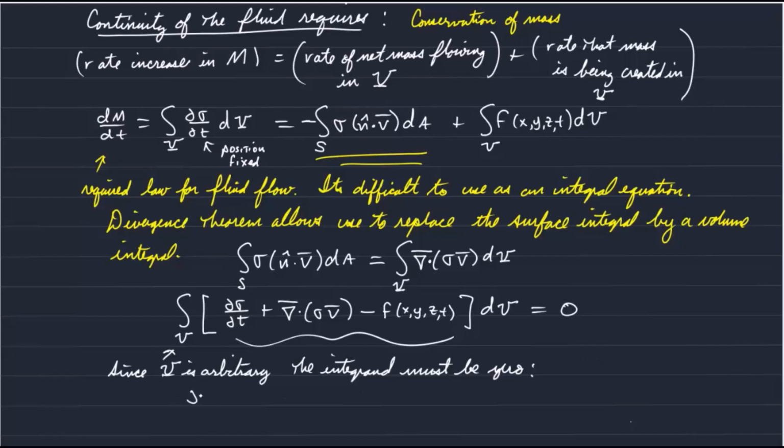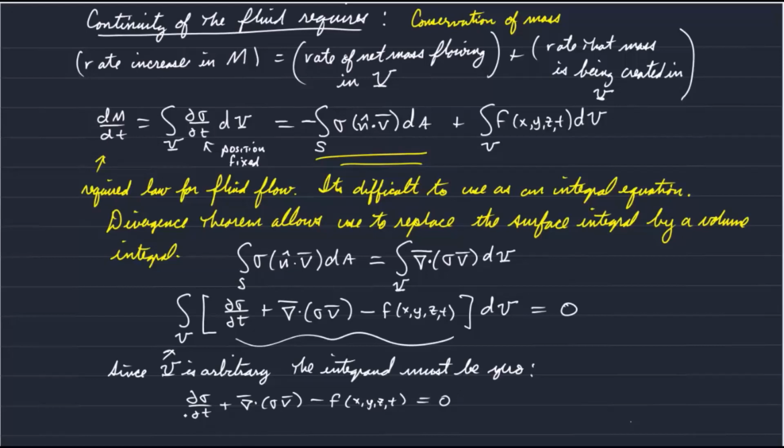That is the partial of sigma with respect to t plus divergence of sigma times v minus f must equal 0 everywhere within that volume.